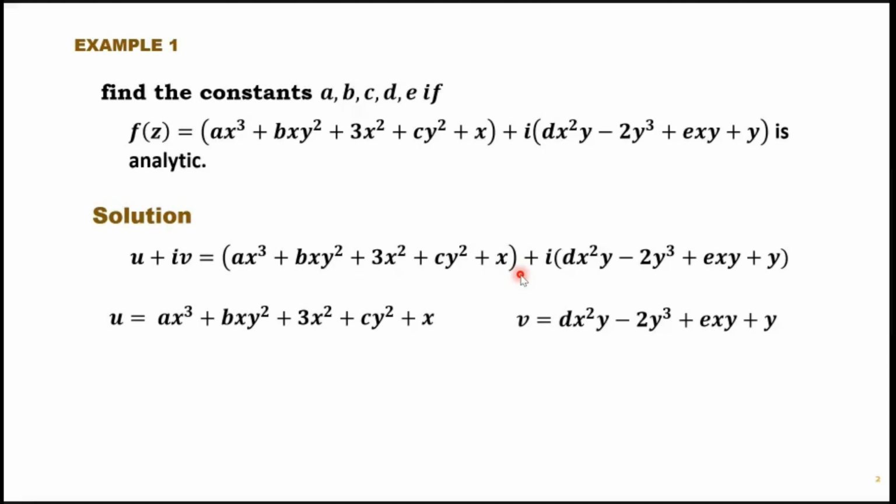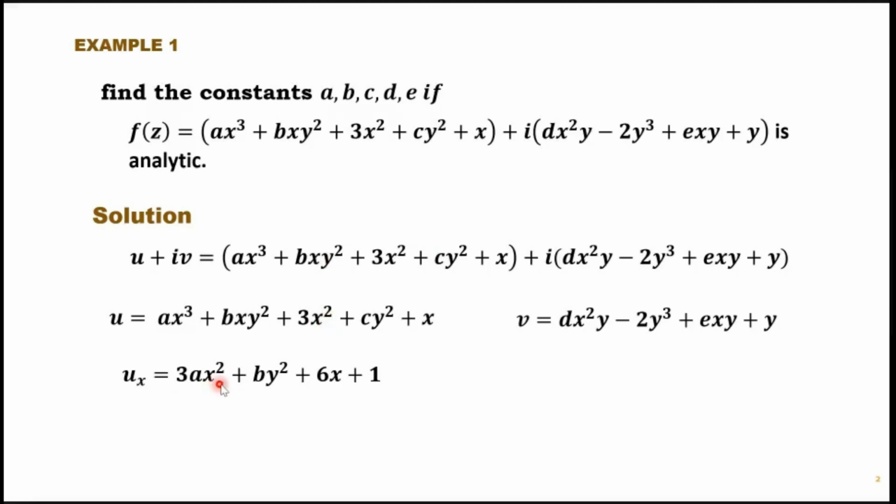First we'll calculate ux, differentiating u partially with respect to x. Y will remain as a constant since we are differentiating partially with respect to x. So what is ux then? Differentiating ax cube, I will get 3ax square plus by square, since x is the variable and y is a constant, plus 6x plus 1.